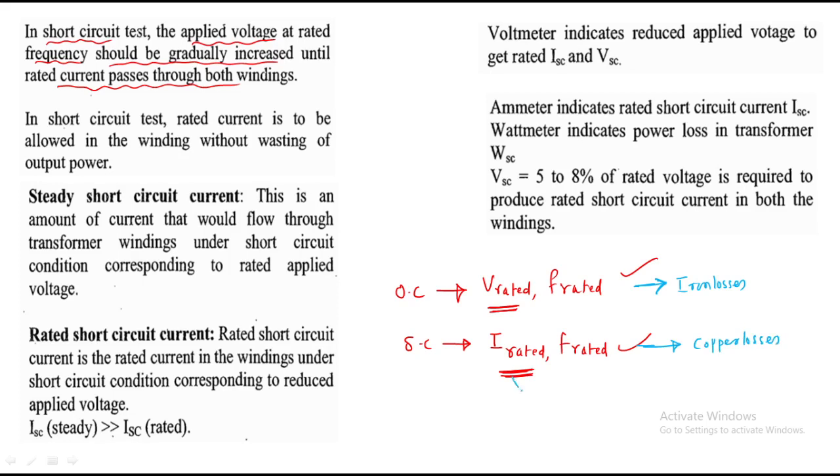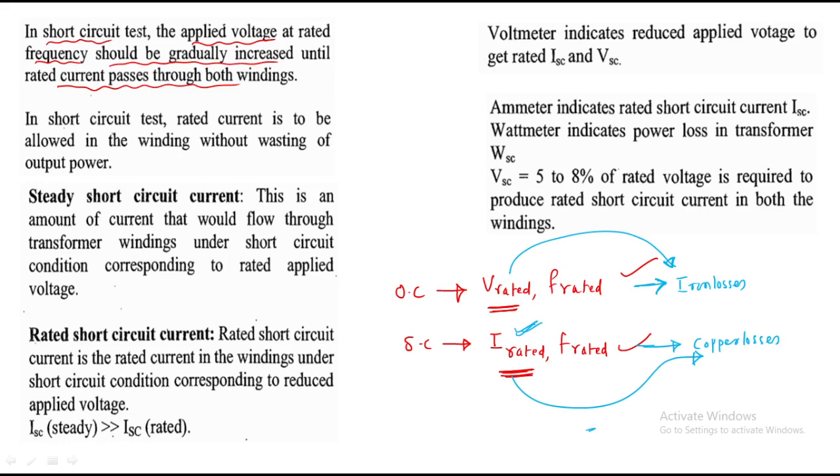Copper losses depend on current, and iron losses depend on voltage. In the short circuit test, we increase the supply voltage until we get the rated current.